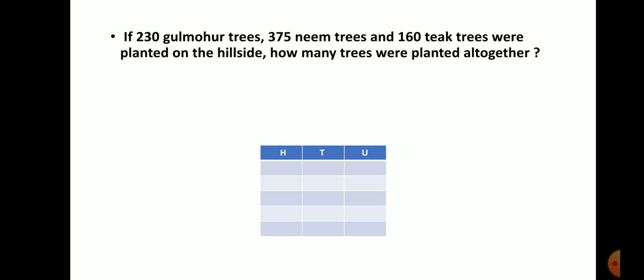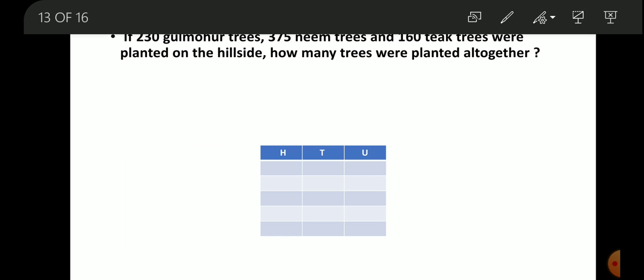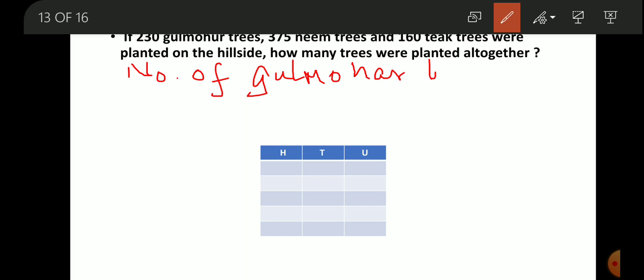First statement will be: number of gulmohar trees is equal to 230. It's the number of gulmohar trees planted on the hillside, boys.